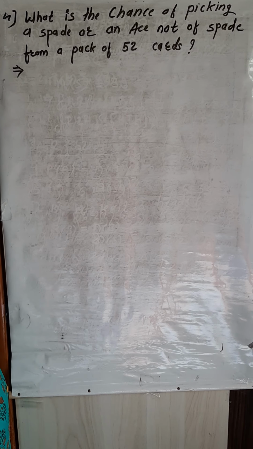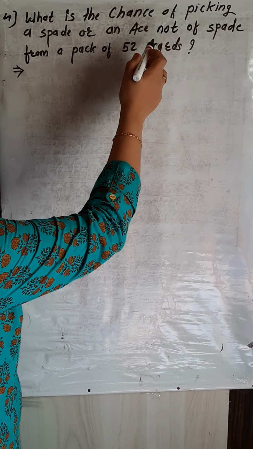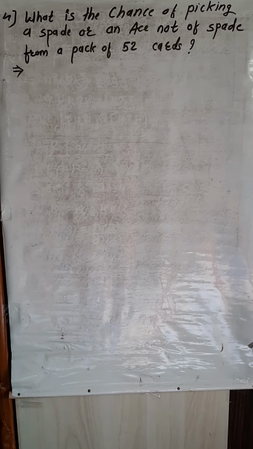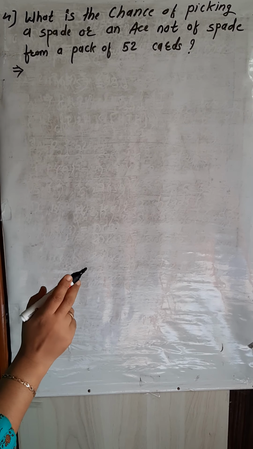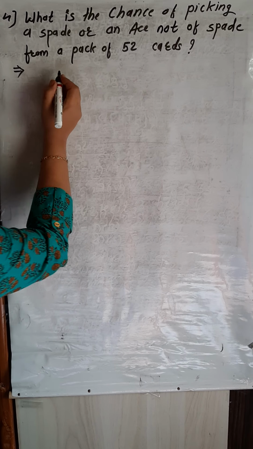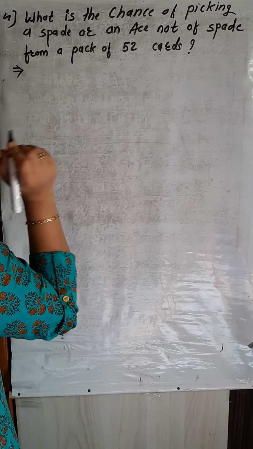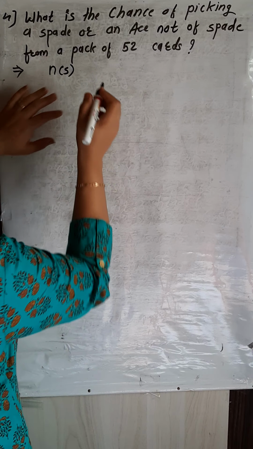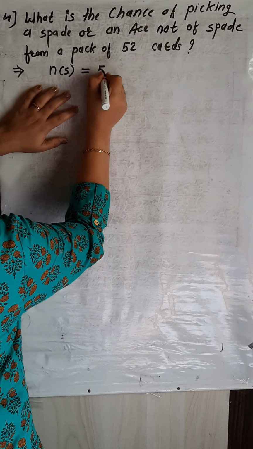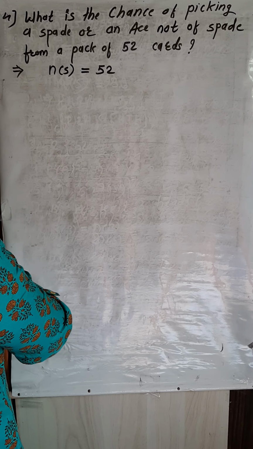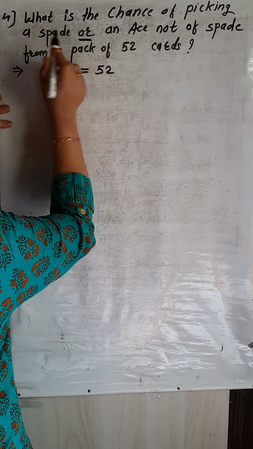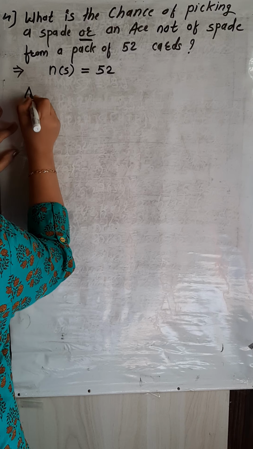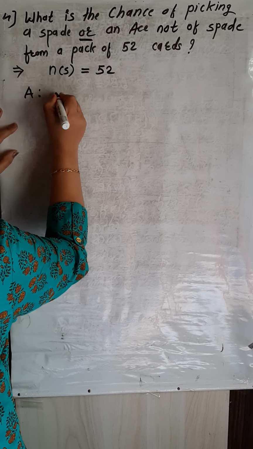What is the chance of picking a spade or an ace not of spade from a pack of 52 cards? Question number 4 is this. So what is the chance of picking a spade card? Here we are picking a card, so n of S will be 52, right? Now here 'or' is given between two events, so we'll write first event A. What is event A?